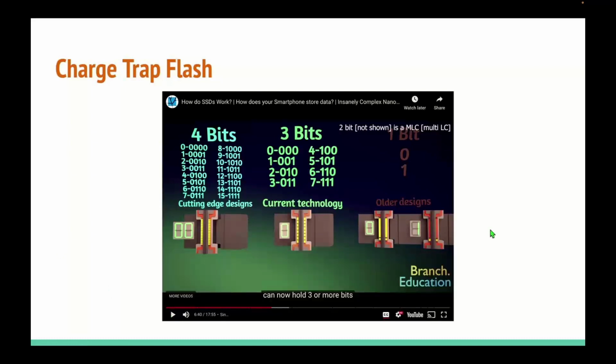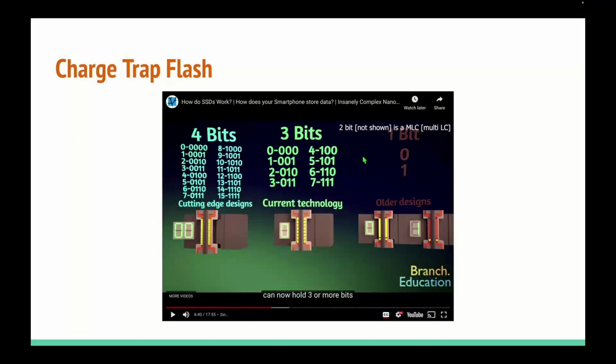So yeah, charge trap flashes. This is the smallest little thing inside our SSD drives, and our SSD drives have millions of them. And as the technology improves, you can see that they can store more and more bits within each cell.